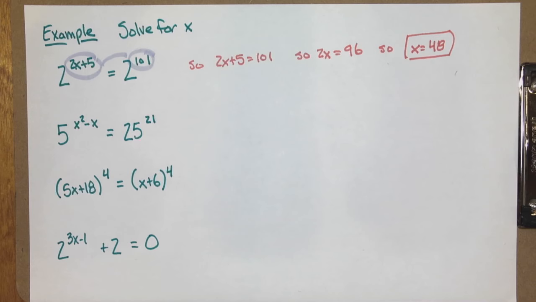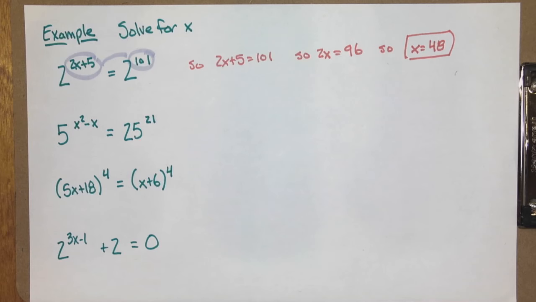25 is not 5, but 25 and 5 feel like they're connected. Maybe there's something that connects these two quantities together. Can you think of anything that ties 25 and 5 together? Aha, 25 is 5 squared.